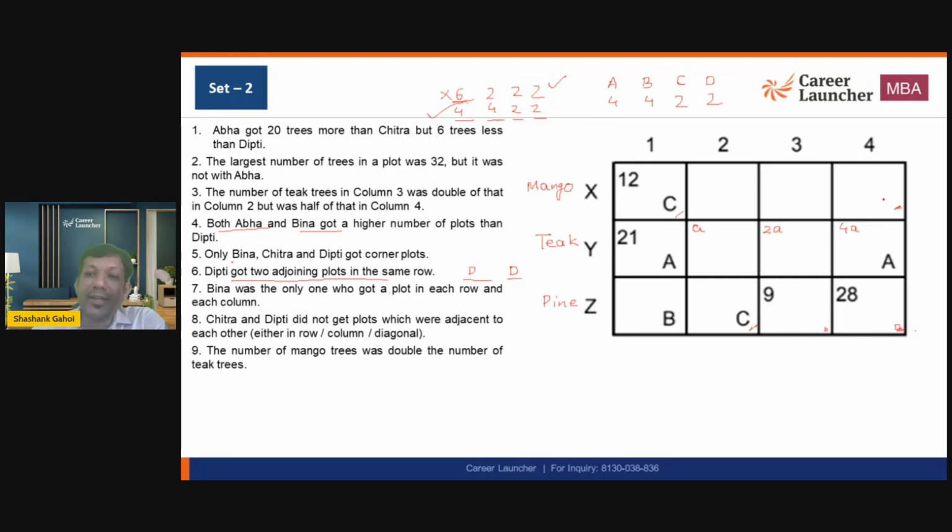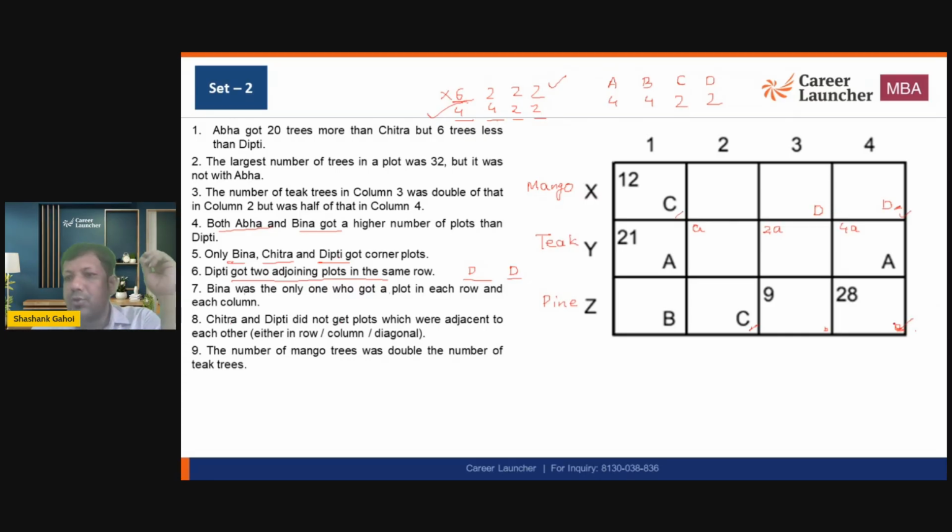So the only arrangement I can think of is that this is Deepti, this is also Deepti. And why am I saying that? Because Beena got a corner plot, Chitra got a corner plot, Deepti got a corner plot. So if Deepti cannot get the corner plot over here, then Deepti must get the corner plot over here, and one plot of Deepti is this, one plot of Deepti is this.